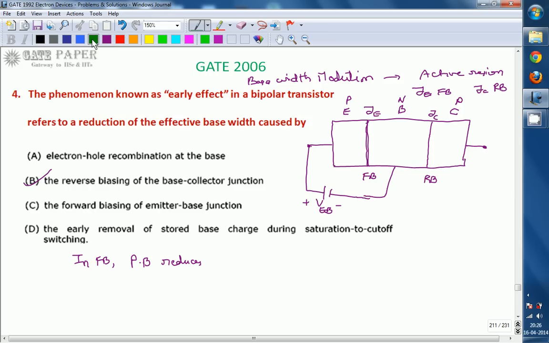Now to make the collector base junction reverse biased, for the P side you apply negative voltage, and the voltage applied is VCB.